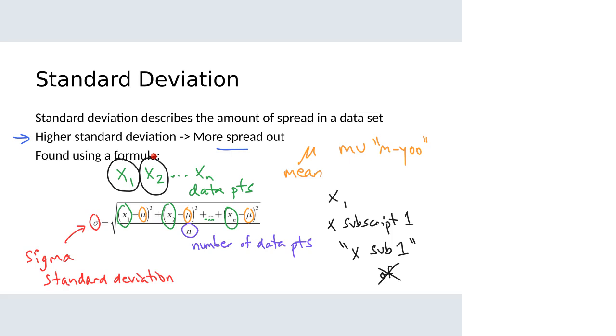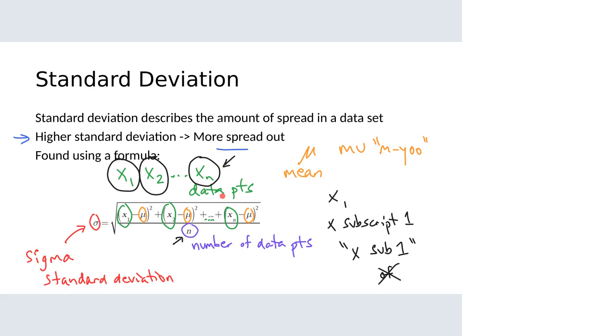If I have 7 data points, then this x sub n would be x sub 7, because that's the last one, because this n tells me how many data points there are. So if there are 7 data points, I'm going to keep going till I get to x sub 7. Each data point has this index to go with it. X sub 1 is the first one, x sub 2 is the second one, x sub 3 is the third one, and so on till we get to the very last one.